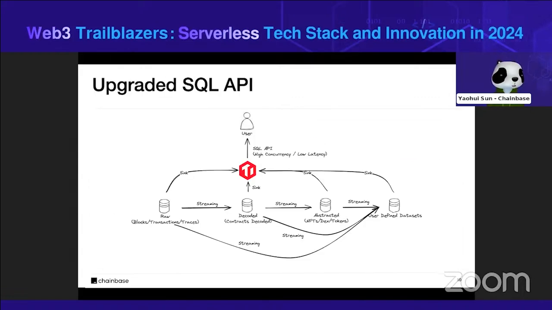To combat these challenges, we are actively upgrading our architecture by leveraging a stream processing architecture and utilizing TiDB's capabilities for accelerating point queries. We aim to significantly enhance our system.